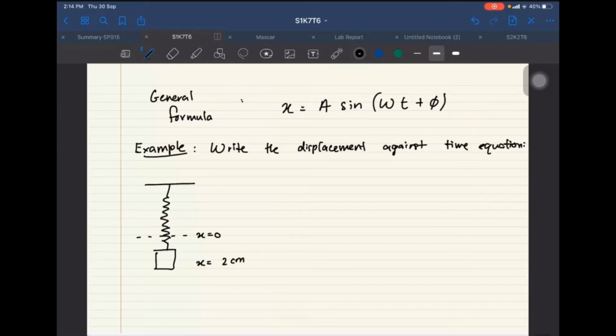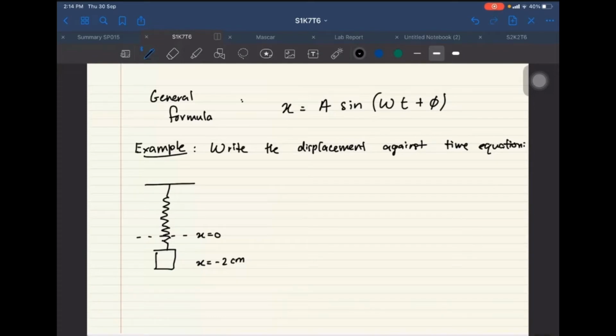Positive ke negative? Kalau below equilibrium, negatif. Kalau atas positif, kalau kanan positif. So dia sama je macam dulu. Atas positif, kanan positif, kiri negatif, bawah negatif. So in this case, the below equilibrium, so negative.